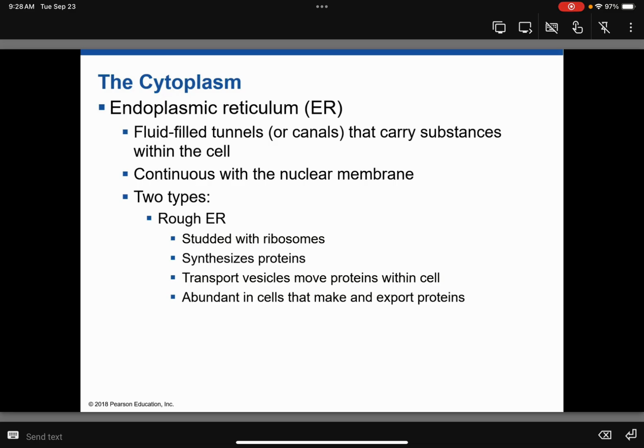It can also be used as a transport vesicle to move proteins within the cell. And you will find a very large endoplasmic reticulum or many endoplasmic reticulums in cells that are specifically functioning to make proteins.